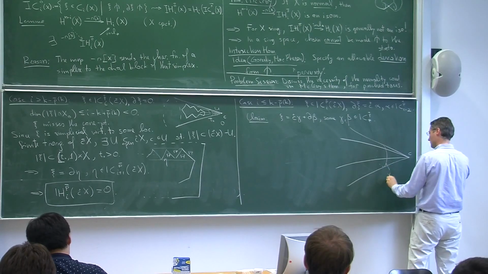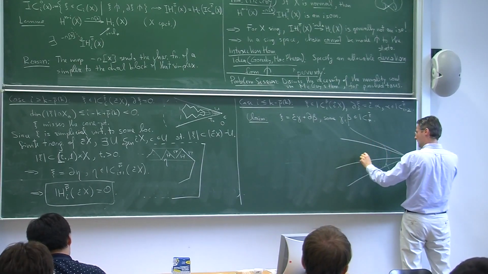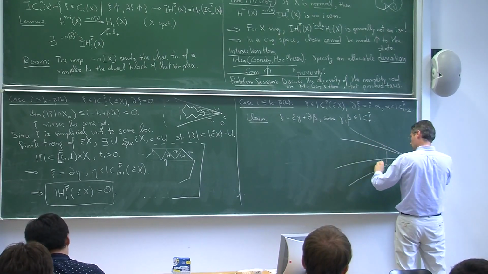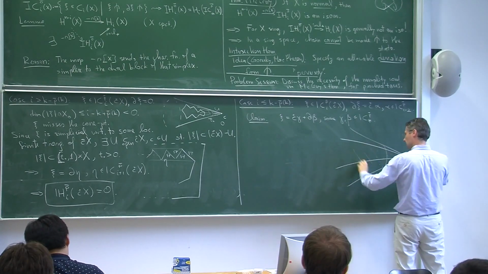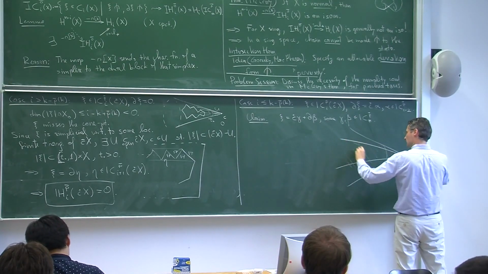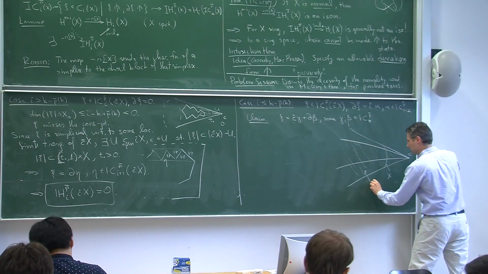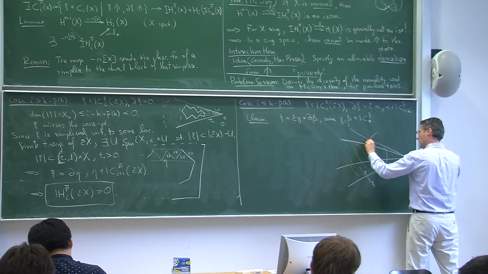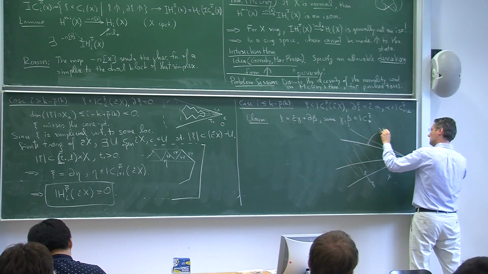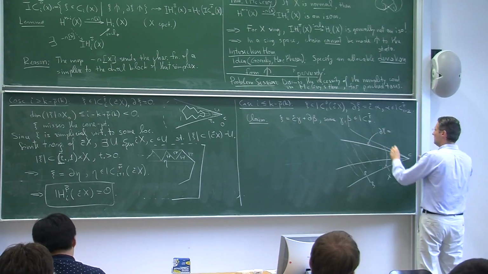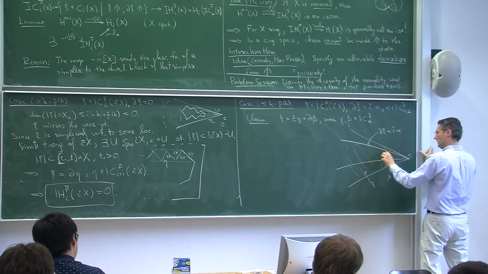So here's X, and then there's sort of a chain here, right? That's in that region. That's my Xi. Now here's the boundary of Xi, which I know to be the cone on some alpha.